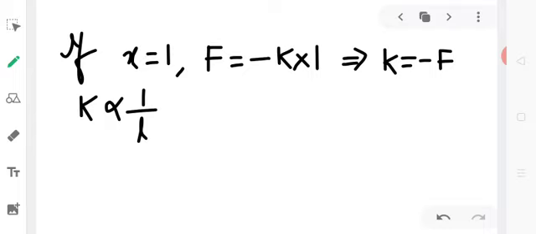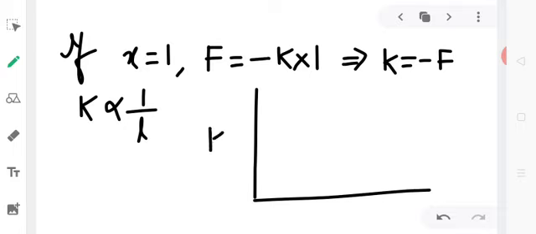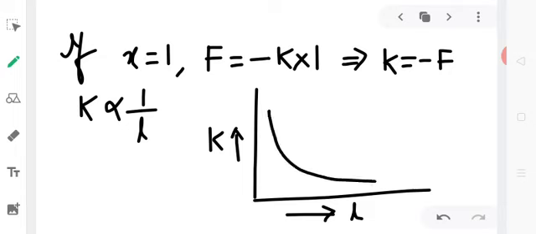And if a graph is plotted between the force constant and the length of the spring L, then the graph is somewhat like this. That is, smaller the length of the spring, greater will be the force constant.